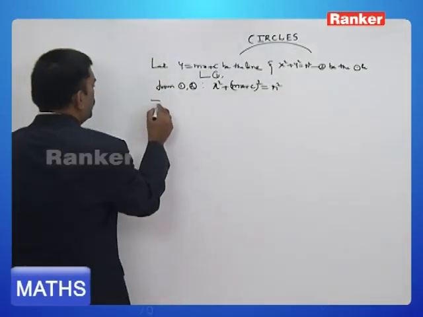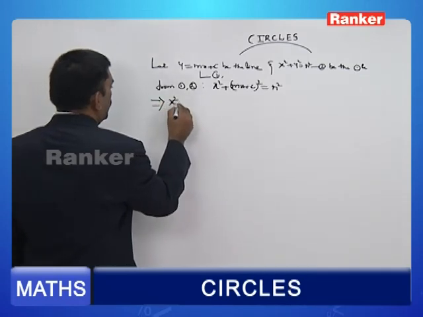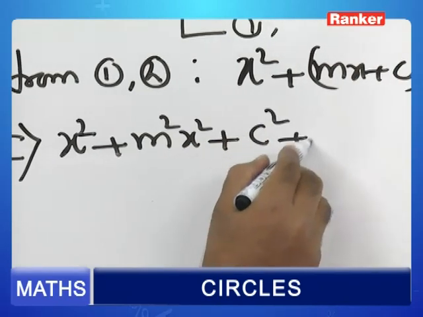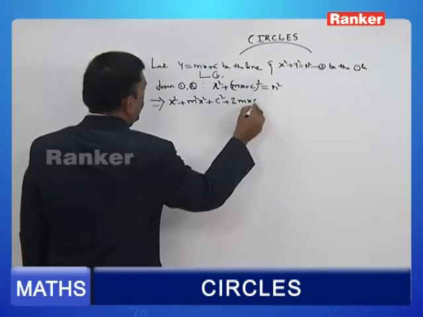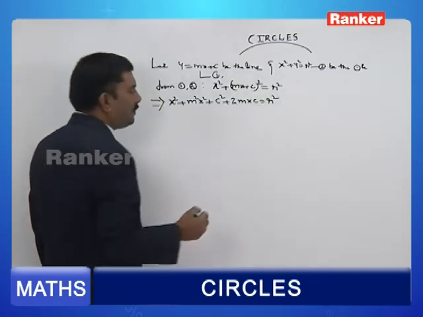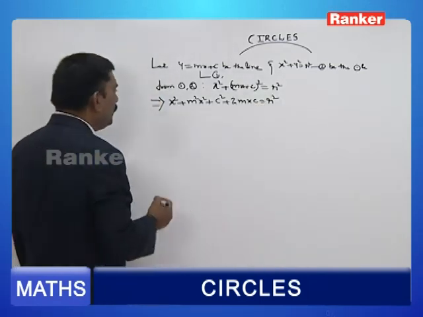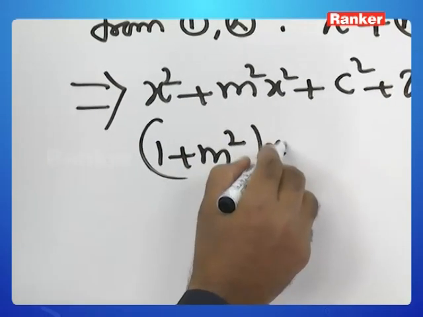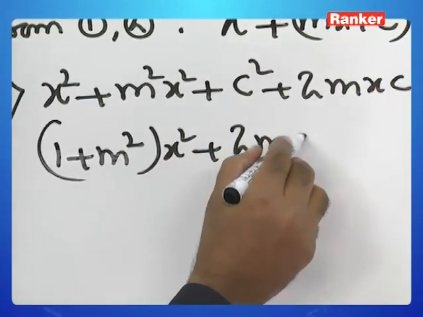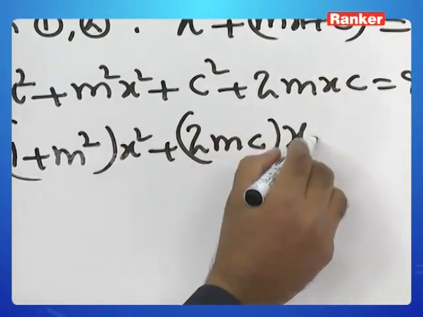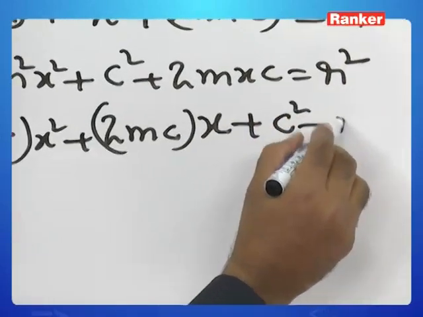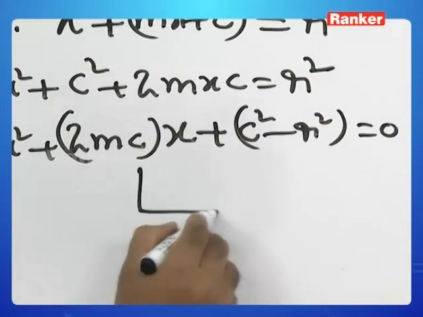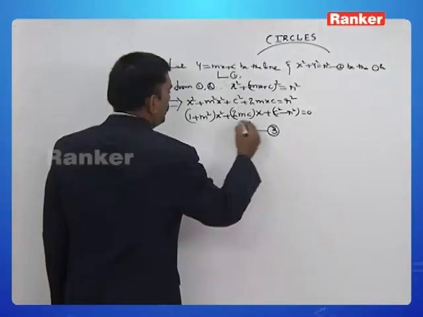Now expand this: x square plus m square x square plus c square plus 2mxc is equal to r square. Now this becomes (1 plus m square) x square plus 2mc x plus c square minus r square is equal to 0. Call this equation 3.